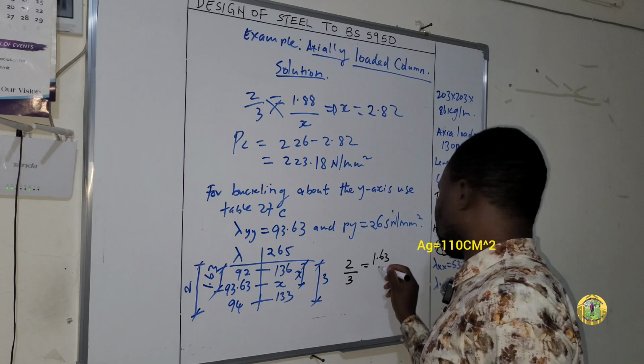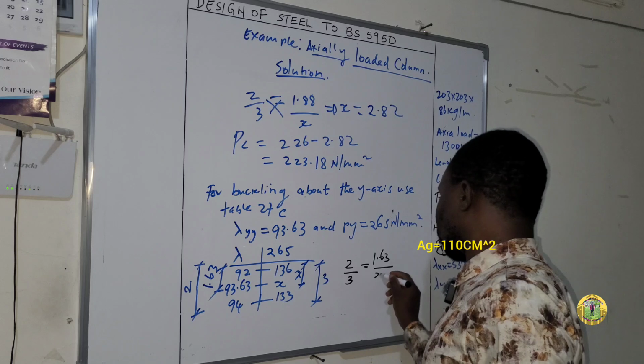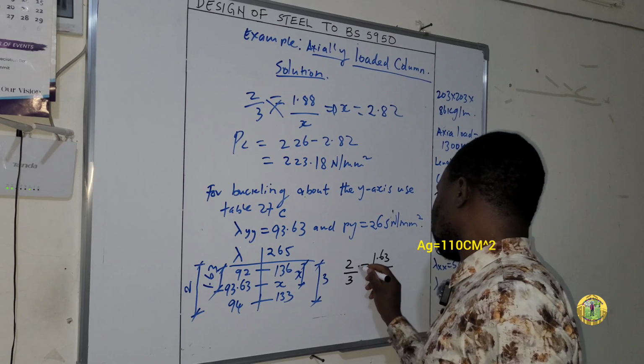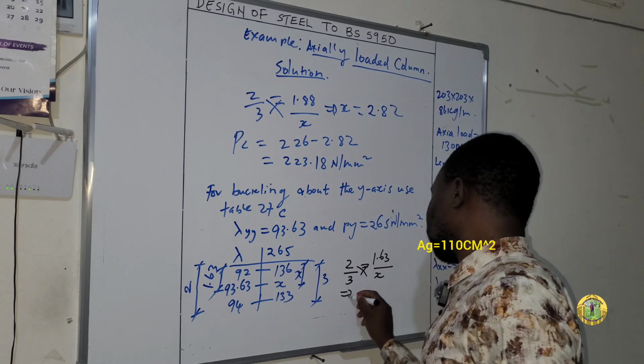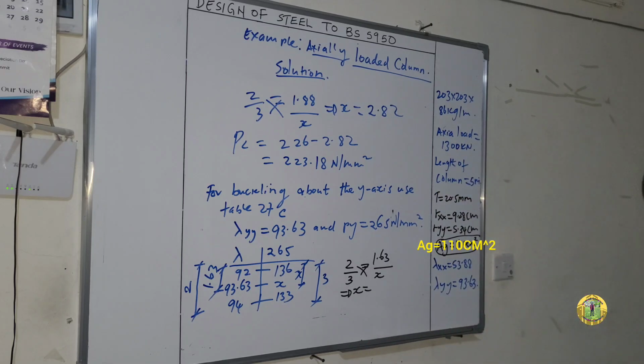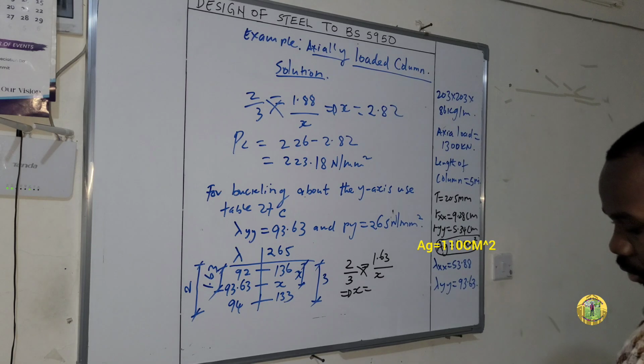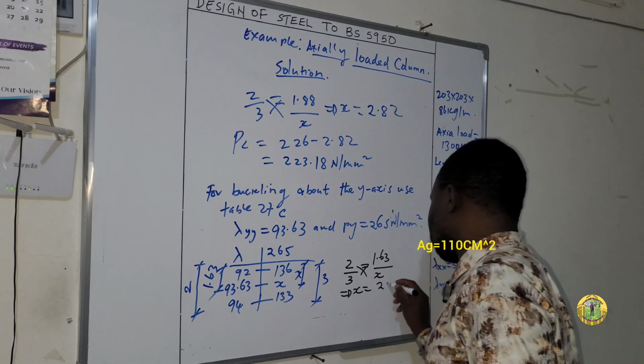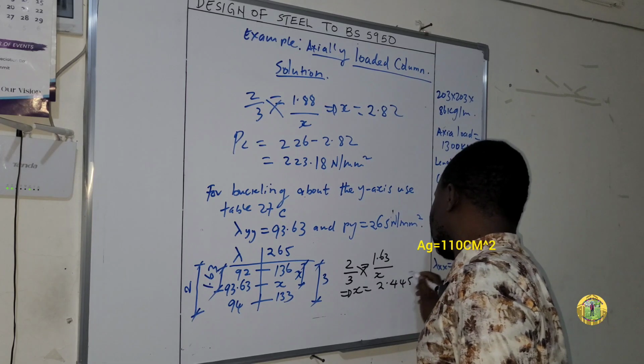1.63 all over x. You cross multiply, which implies x is equal to 1.63 times 3, then you divide by 2. So this is 2.445.